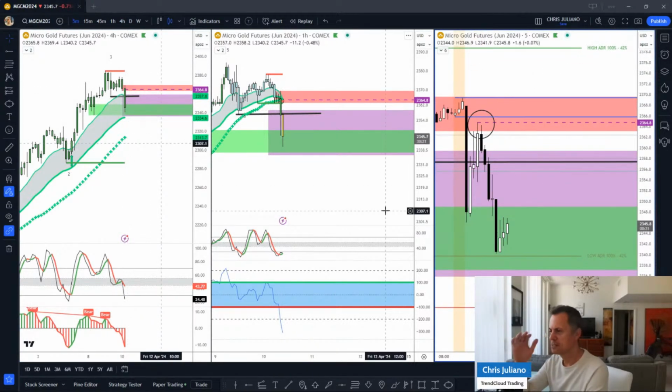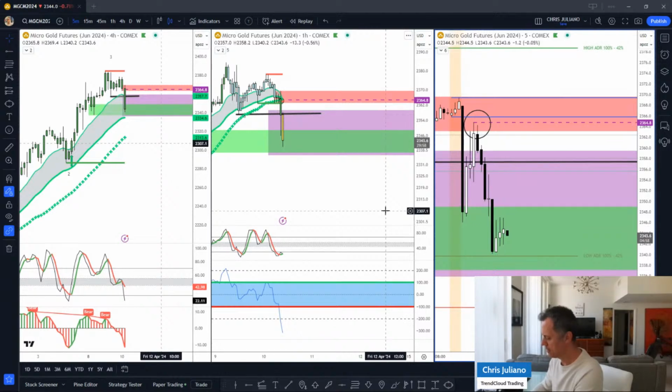So that's a really good example of why some supply and demand zones work and why some supply and demand zones fail, right? The major cause. That's actually really good. I'm gonna write that down real quick. Make sure I don't forget that.